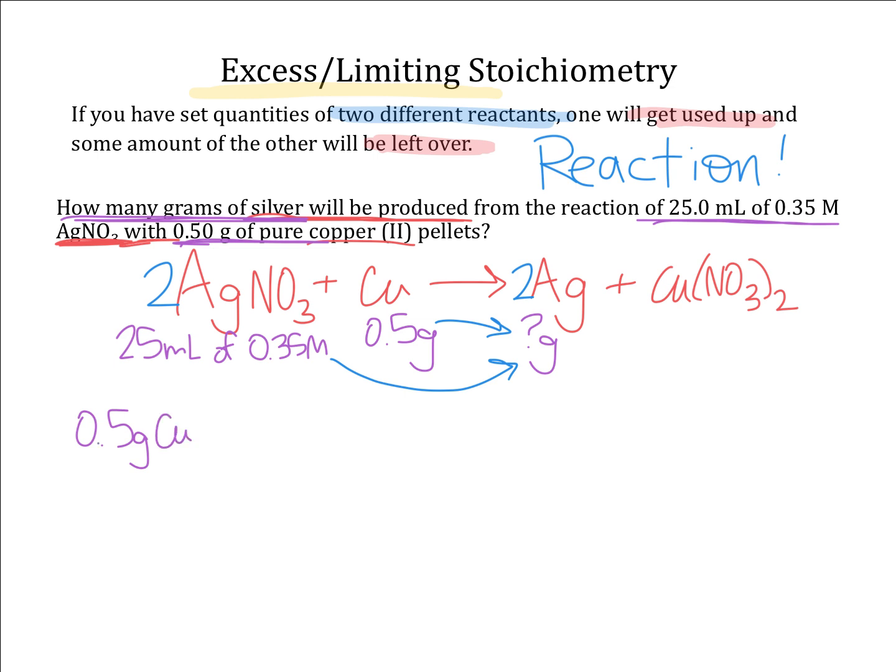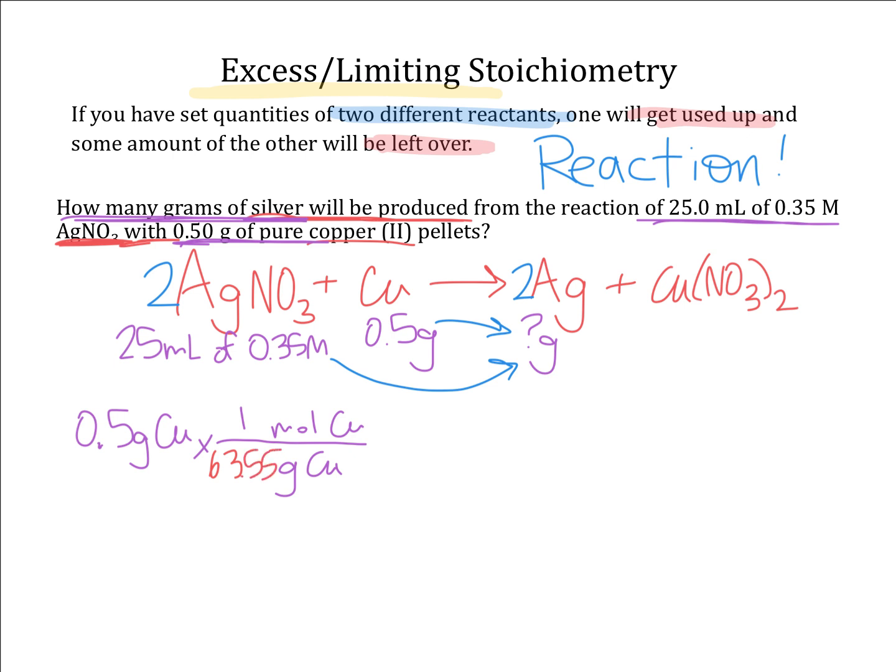With my 0.5 grams of copper, I'm looking for the amount of silver that I can produce, which means I'm going to need the balanced equation and the moles. Stoichiometry is based on mole-to-mole ratio and a balanced equation. So I'm going to take those grams of copper and turn it into moles of copper. That is going to come off the periodic table. 1 mole of copper has a molar mass of 63.55 grams.